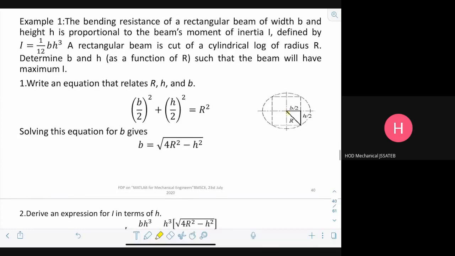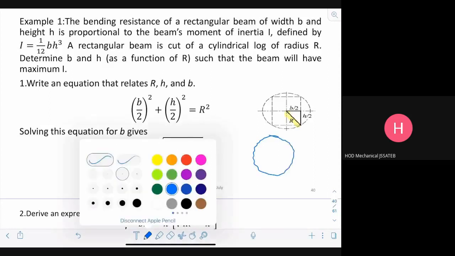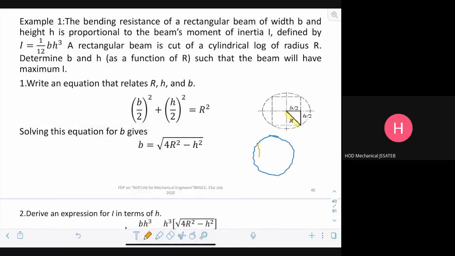Now, you need to determine b and h that will be cut such that the beam will have maximum moment of inertia. It's a very simple example. So, when you have a log of wood of radius capital R, I can cut a rectangle of this size, or I can get a rectangle of some other size.